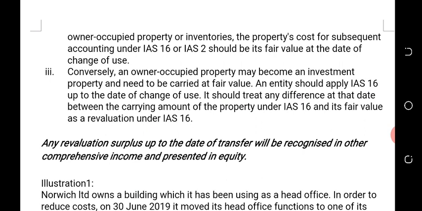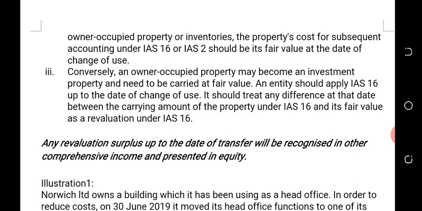Conversely, an owner occupied property may become an investment property and need to be carried at fair value. An entity should apply IAS 16 up to the date of change of use.